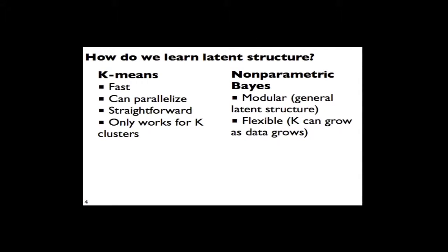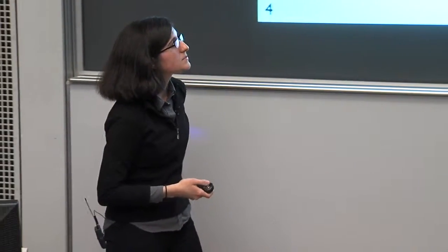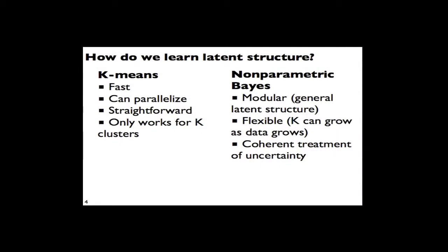If I'm looking at some set of books that people are buying on Amazon, and I want to use a feature model to describe their latent interests in those books, it might be that as I see more and more people, I see more and more latent interests that I haven't seen before. So there are cases where I actually want the number of latent groups to grow as the size of the data grows. These models are flexible in that way. And because they're Bayesian models, they have a coherent treatment of uncertainty.